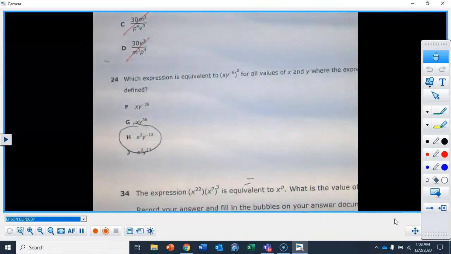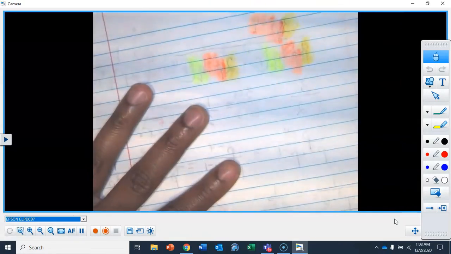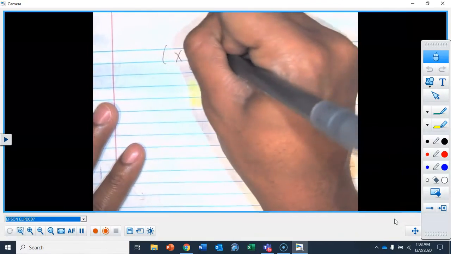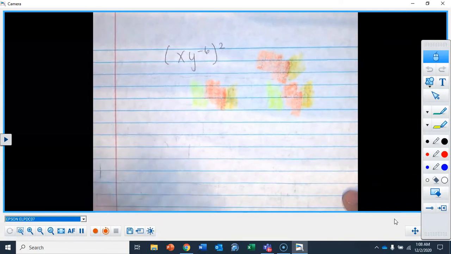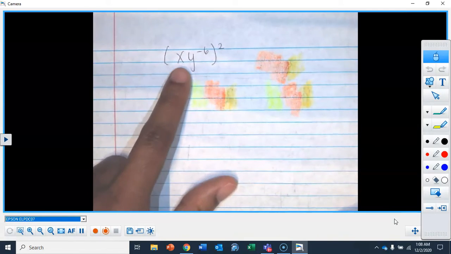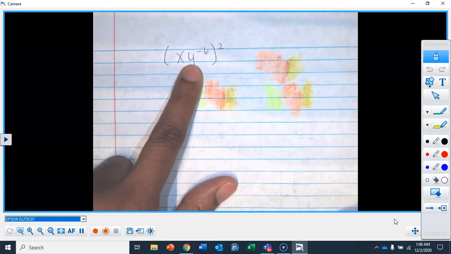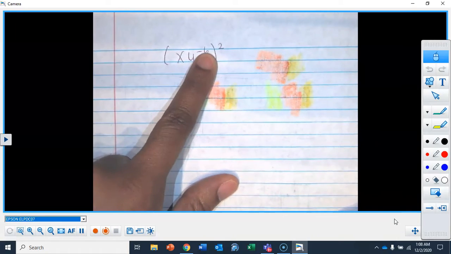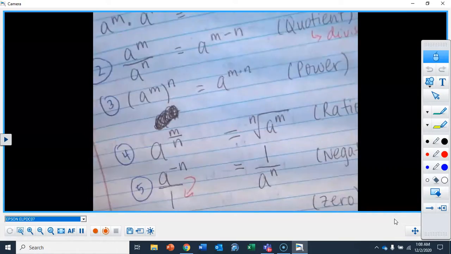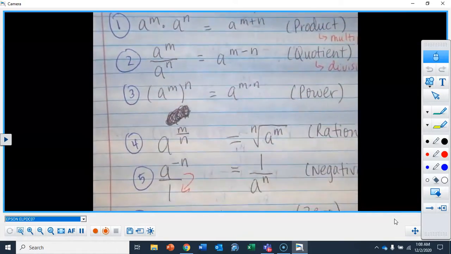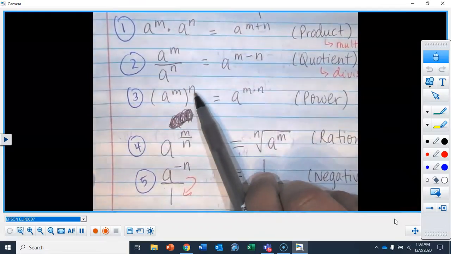So if I write this one down, it's x and then y to the negative 6 raised to the second. Okay, so the first thing you need to realize is that, yes, you have an x, you have a y. This y is raised to the negative 6. So the one that makes the most sense to me very quickly is, oh, look, from the formula sheet, Ms. Mosley said that for the power one, it's a base raised to a power raised to another power.